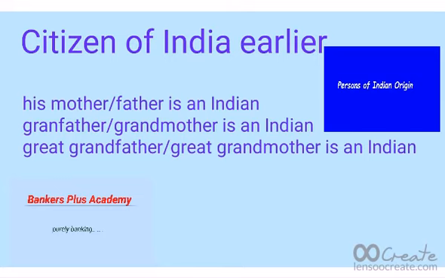That means up to 4 generations. In addition to this, the spouse of an Indian citizen and spouse of a PIO, even if they are of foreign nationality, are also treated as persons of Indian origin.